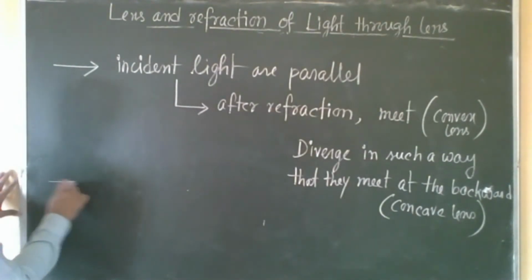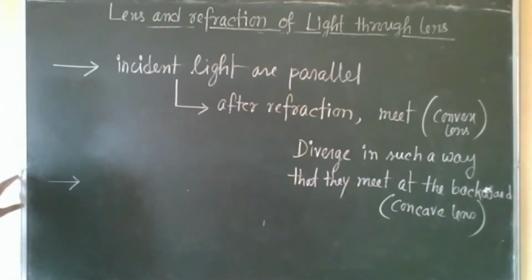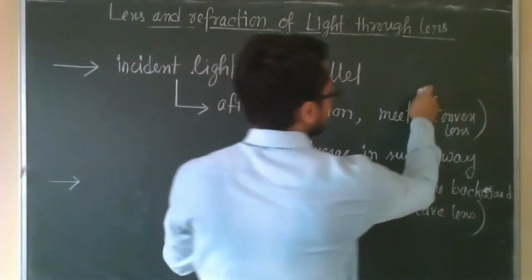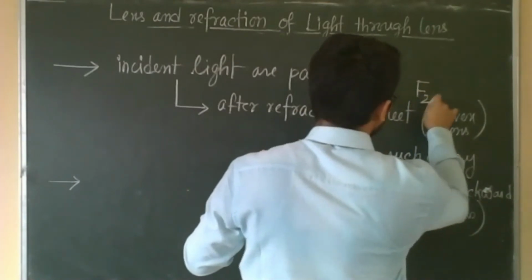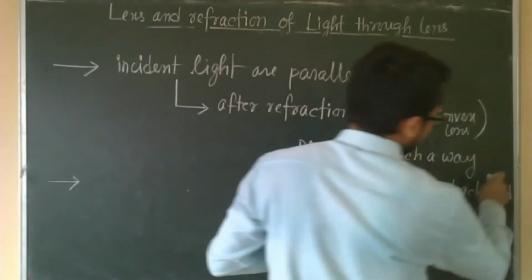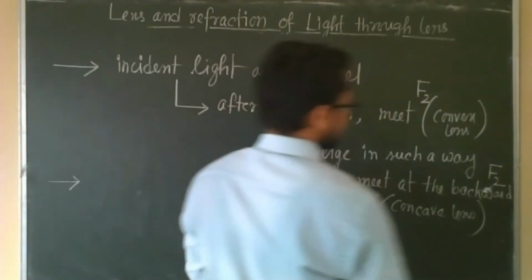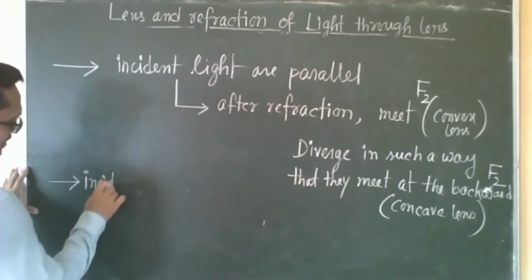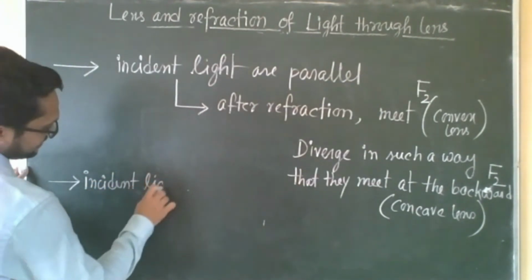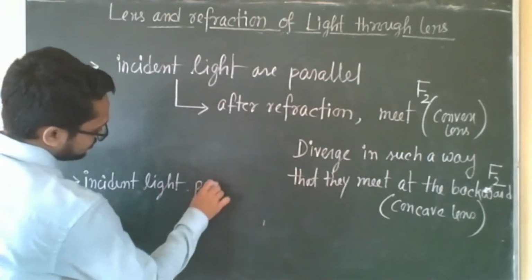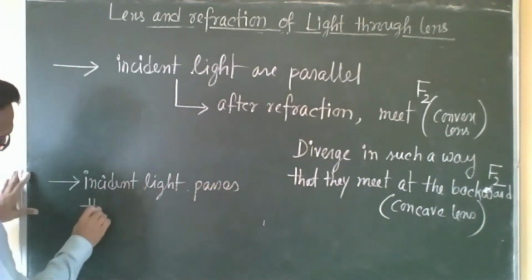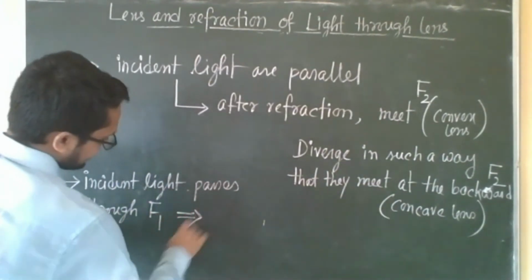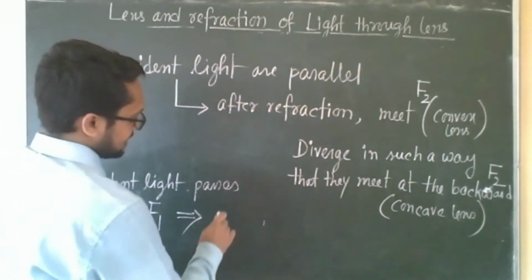The second thing: when incident light is passing through first focus F1, after refraction it will be parallel to the principal axis. And the incident light parallel to the axis, after refraction they will meet at the second focus, F2, or meet backward at F2.